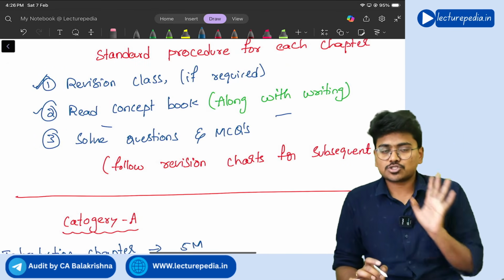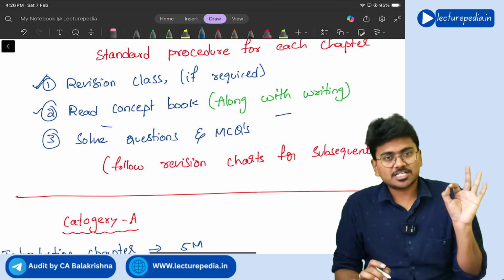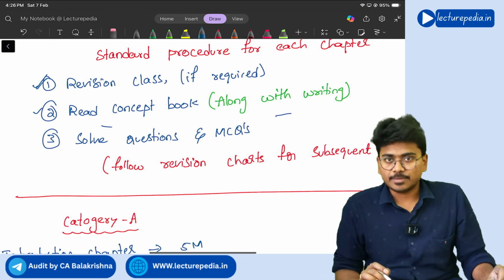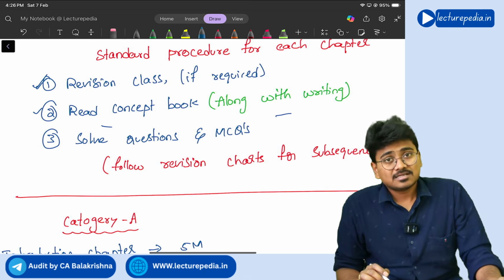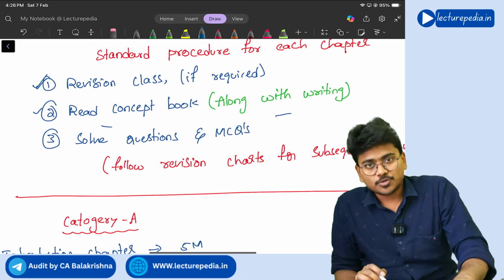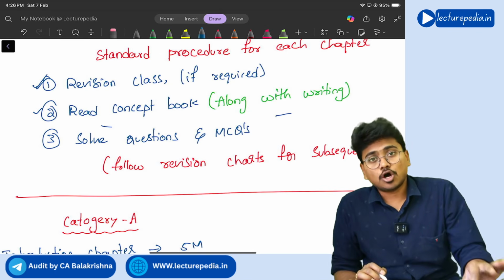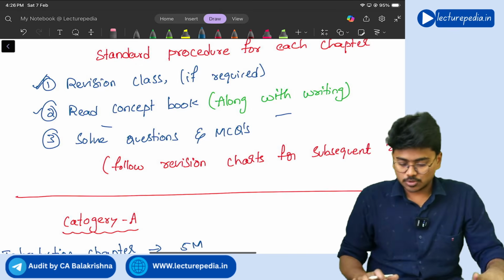Sir, which books to follow? See, especially with respect to audit, I don't suggest following the ICAI study material. ICAI study material is good, but from the student's point of view, an author's book is preferable to it. Why? I'll tell you the reason.